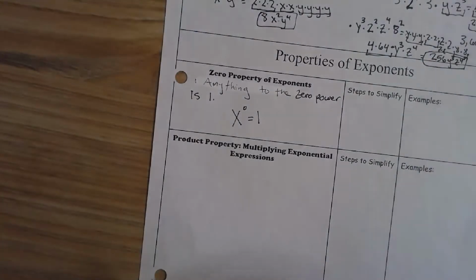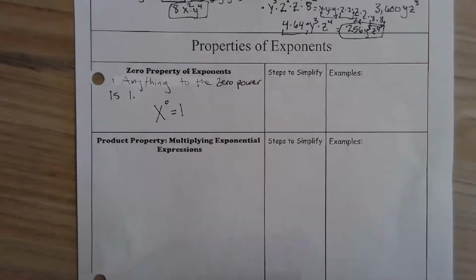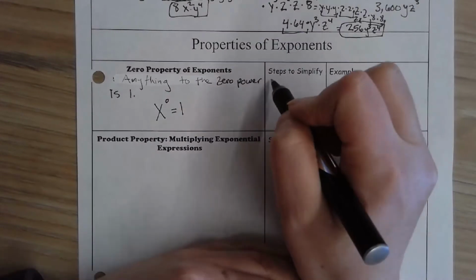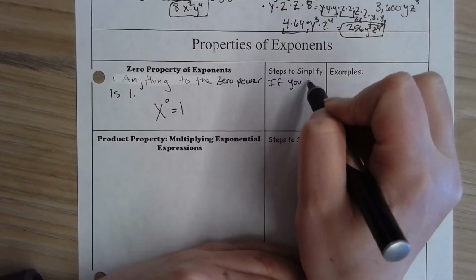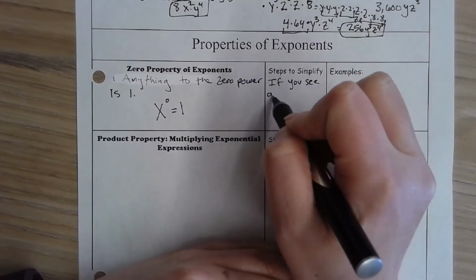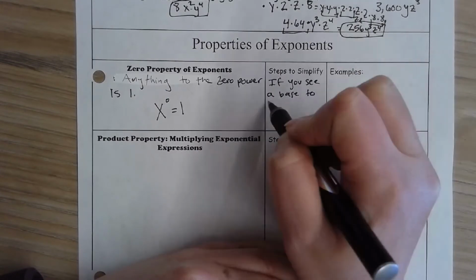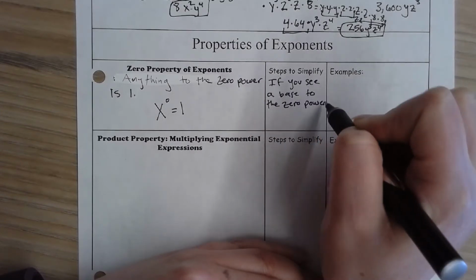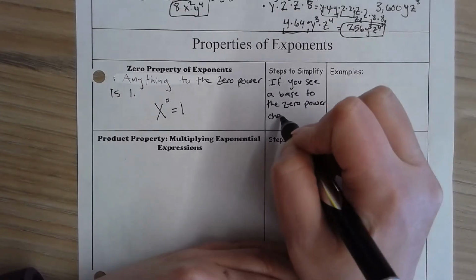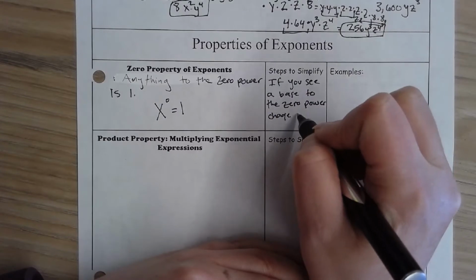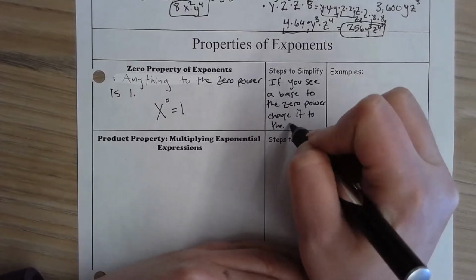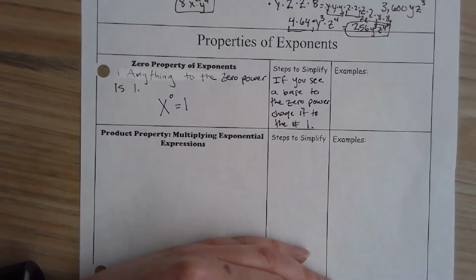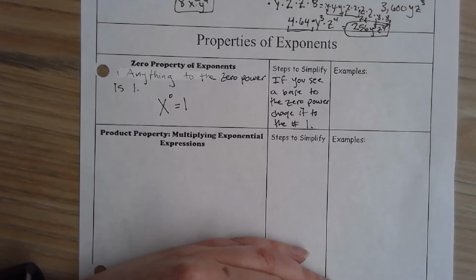So if we were looking at steps to simplify, if you see a base to the 0 power, change it to 1. That's it. So anything to the 0 power, change it to 1.